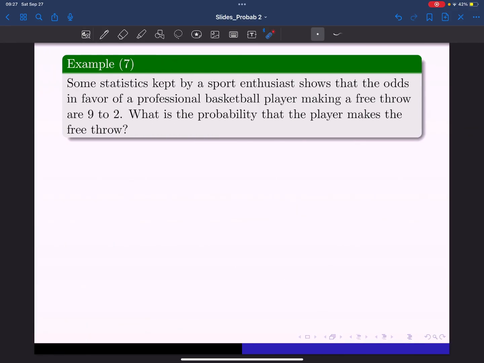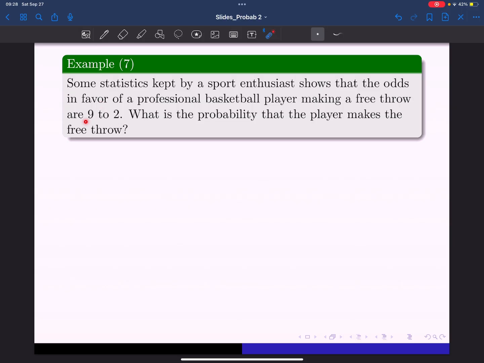Example 7. Some statistics kept by a sports enthusiast show that the odds in favor of a professional basketball player making a free throw are 9-2. What is the probability that the player makes the free throw? So in favor of making the free throw are 9-2.